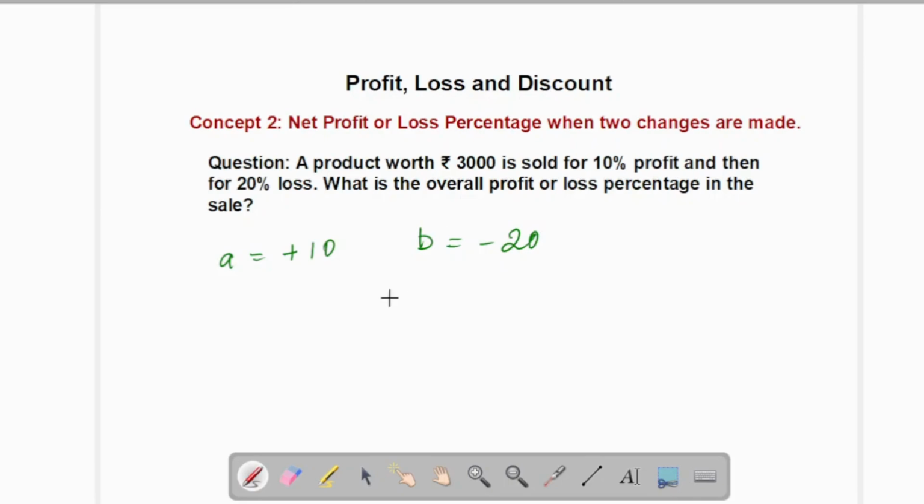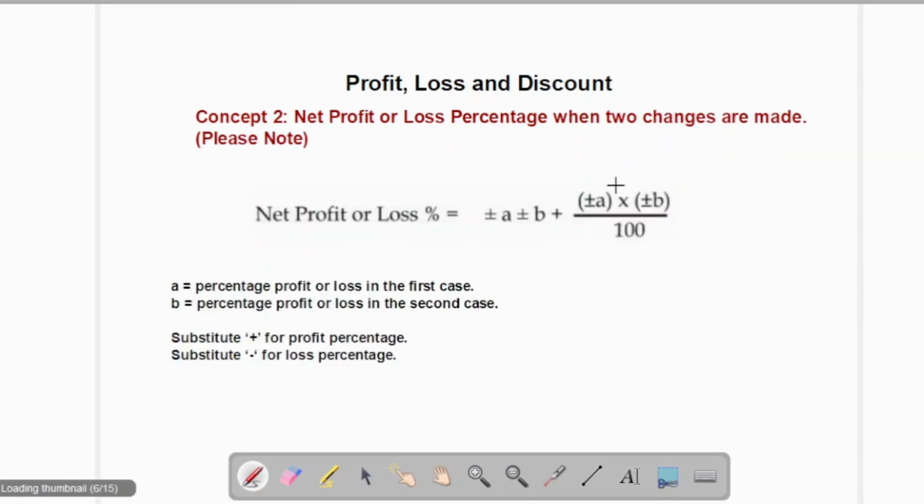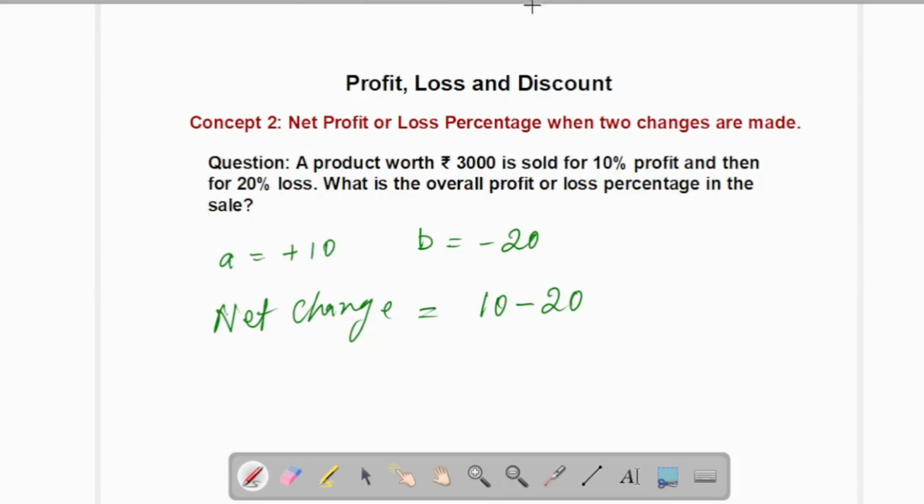Now if I want to calculate the net change, what is the value of net change? Plus 10 minus 20. If you've gone through the previous formula, A into B, so I have plus 10 into minus 20 divided by 100.